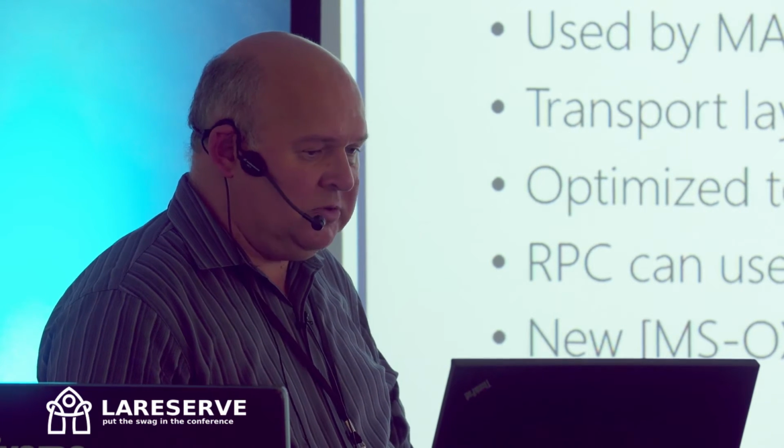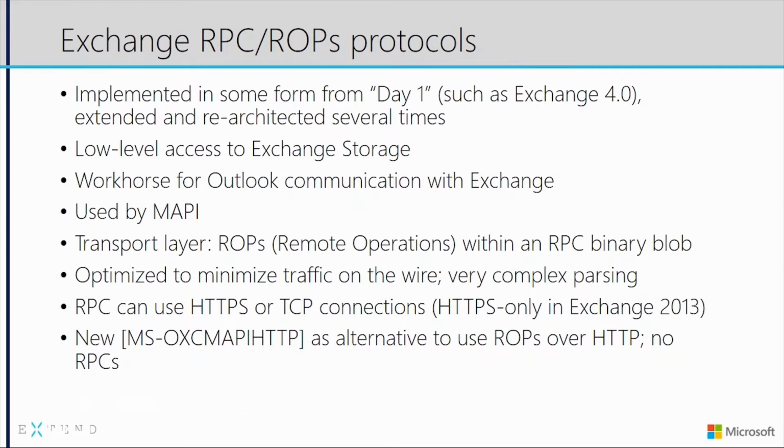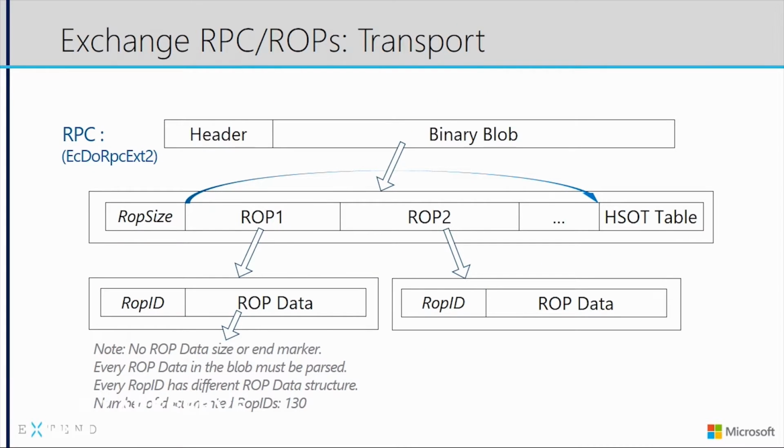So first, RPC ropes, the protocols behind MAPI, were implemented a long time ago, from day one, and they're very complex. Here's what complexity means. I'm giving RPC as an example; it's roughly the same with HTTP, it's just transport, it can be RPC or HTTP. RPC calls transmit binary blobs, that's it. In this binary blob, we have several ropes, remote operations, packed together.